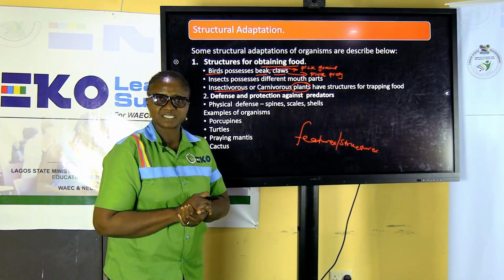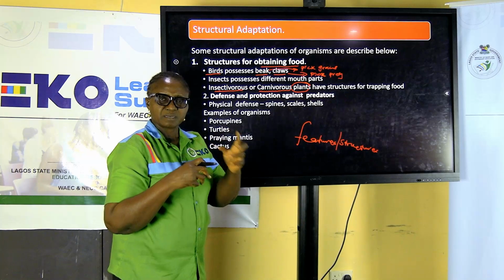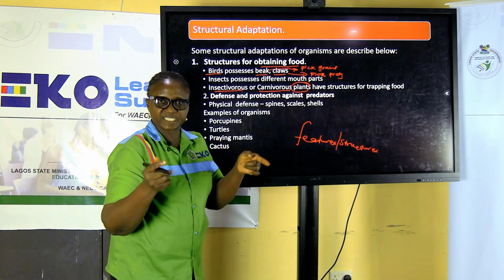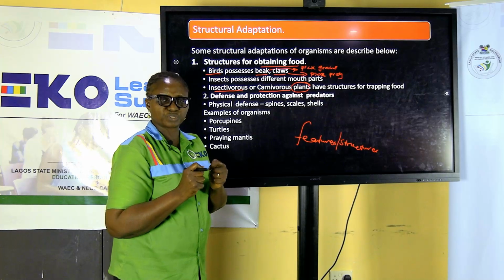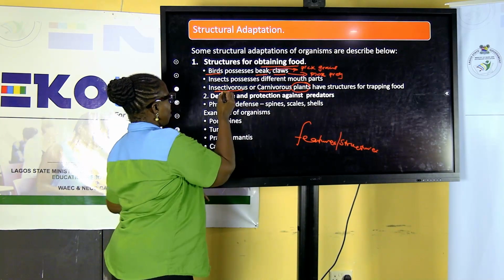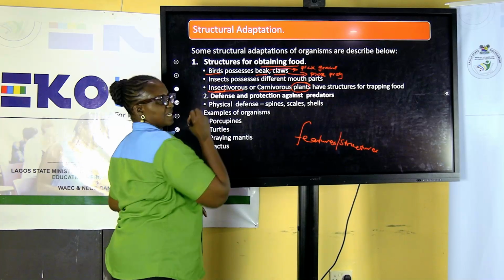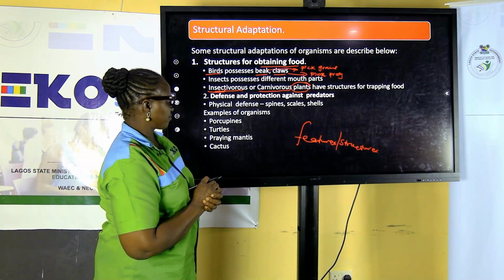Some plants are adapted to feed by possessing structures or features that enable them to pick either an animal, carnivorous, or they pick insects. And that is where the name insectivorous plants comes from.